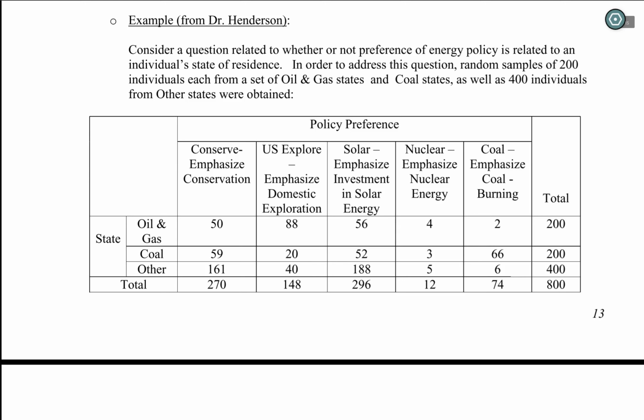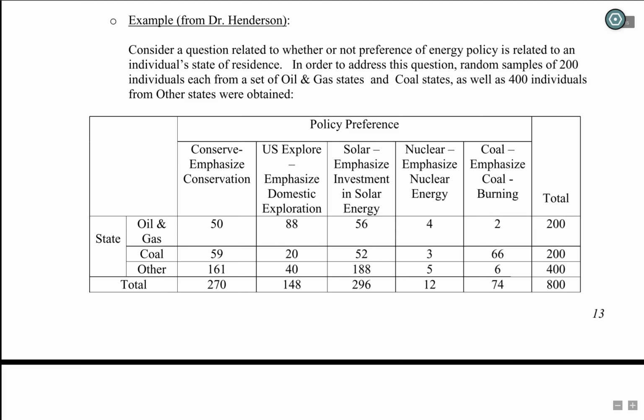So we had 200 in the oil and gas sample, and out of that sample, 50 said their preference was to emphasize conservation. 56 said emphasize solar energy. 88 said emphasize domestic exploration, and so forth. You can see those values would add up to the 200 there.